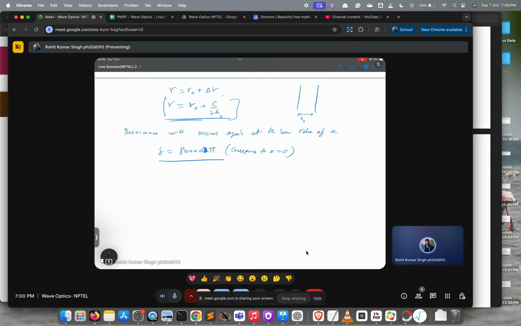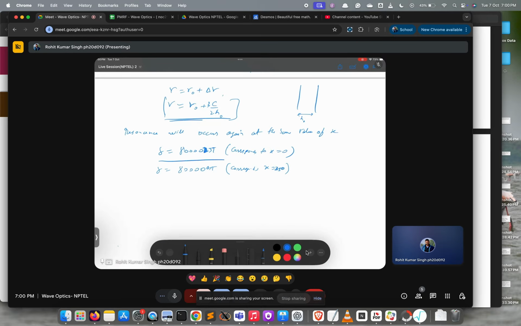And similarly, you can again change the frequency to 2 times of this or 3 times of this. As you keep changing the frequency, you will get delta equal to 4 pi, and this also corresponds to x equal to 0.